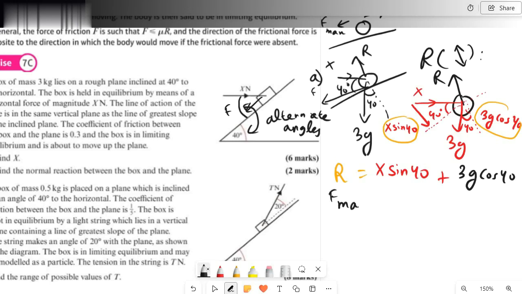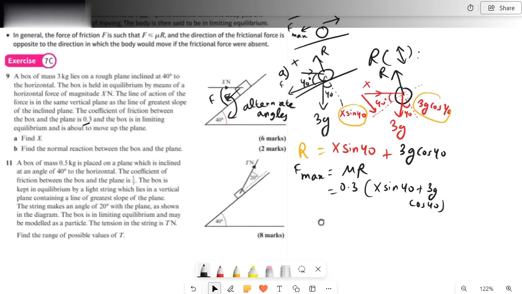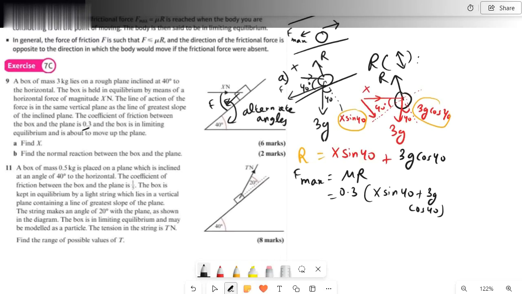Now we can say that F max is equal to mu R, where the coefficient of friction is 0.3. So 0.3 into x sine 40 plus 3g cos 40. Similarly, we can resolve parallel to the plane and say that here we have x cos 40, because this is x at an angle of 40.